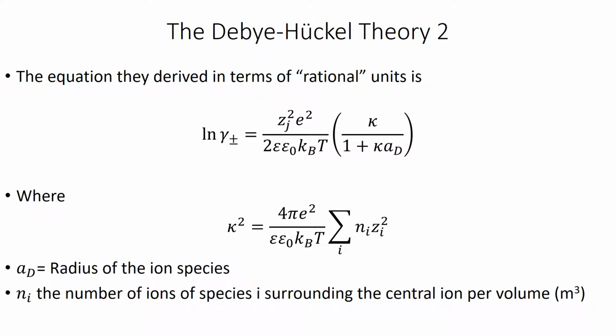I'm not going to go through the derivation, it is quite involved, but what you can get out is the following equation, which if you derive it in terms of rational units is: the logarithm of the activity coefficient of your ion is equal to this prefactor, in which you've got your charge, z, the fundamental charge, e, k_B T, which is Boltzmann's constant times temperature.